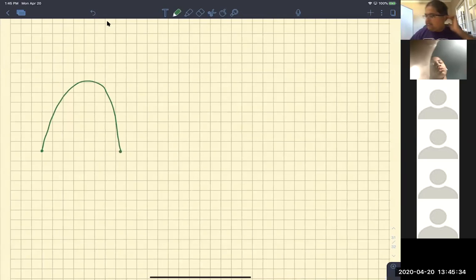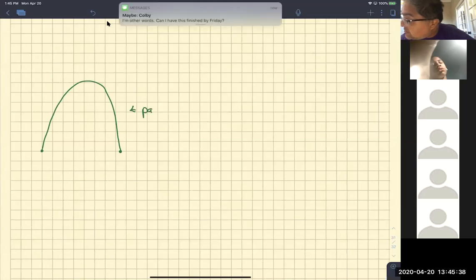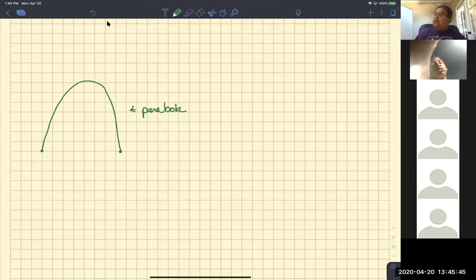And we said that this shape is known as a parabola. A parabola is the graph of a quadratic equation.